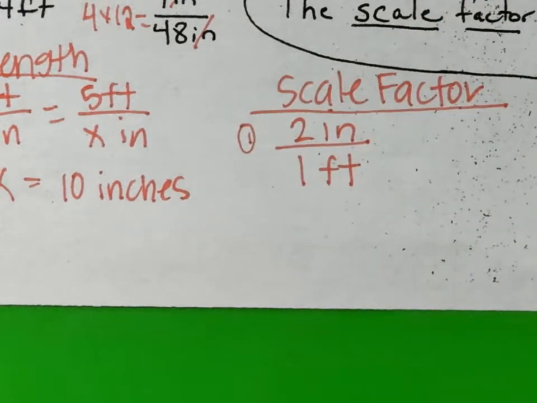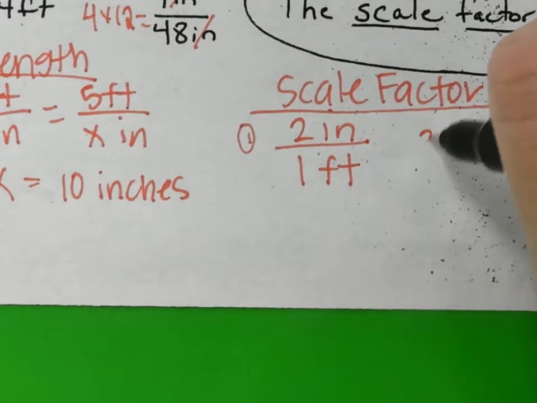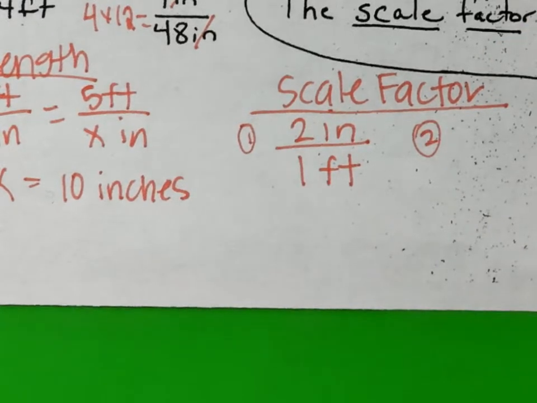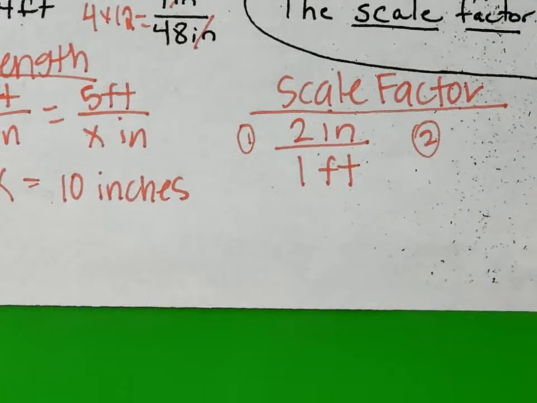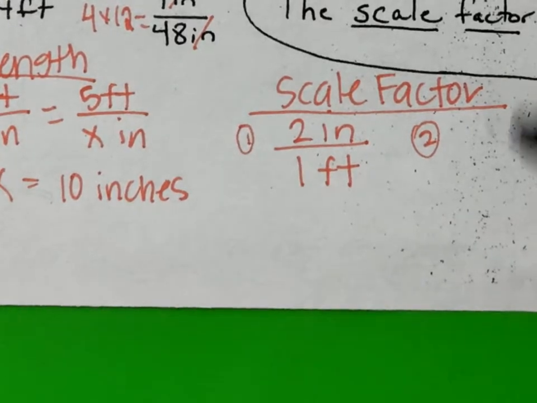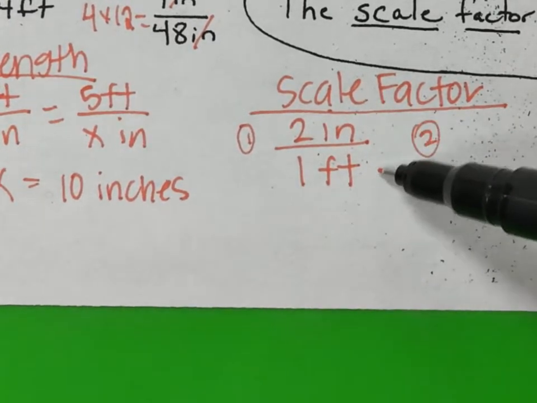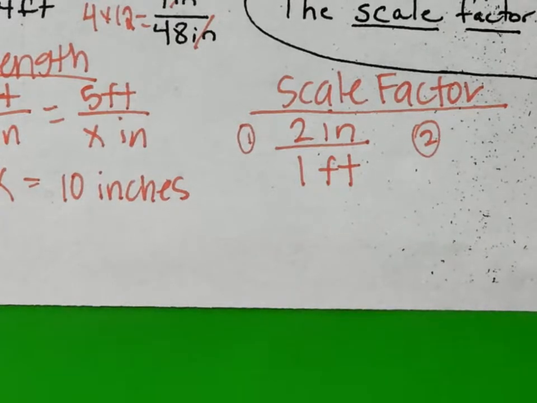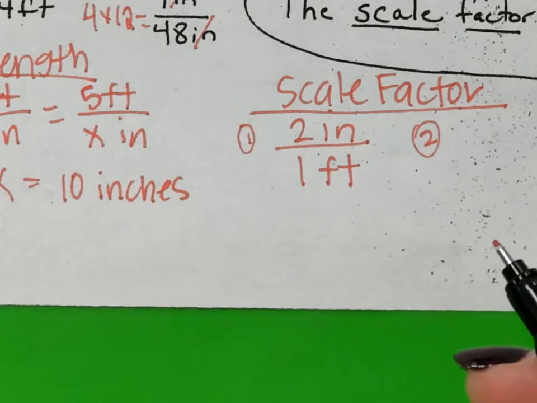Now what do I have to do for number 2? I've got inches on top and feet on bottom. What do I need them to be? The same. So I need to convert what to what?